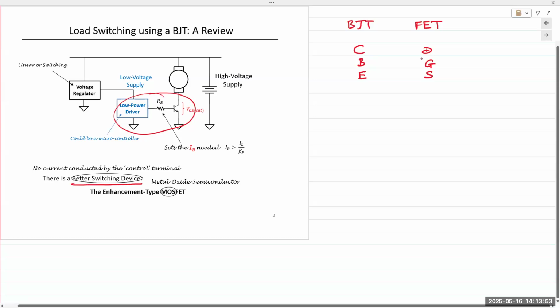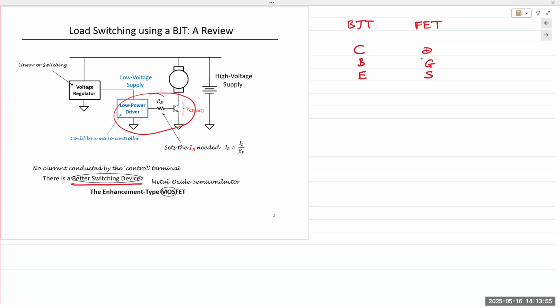The concept of an FET, the theoretical concept, was presented at least 10 years before BJT. But BJT was the first device that was actually presented. A working prototype was first presented. FETs took some time. It was about 10 to 15 years after the presentation of a BJT. It took advancements in fabrication engineering and the semiconductor industry before a working FET could be demonstrated.